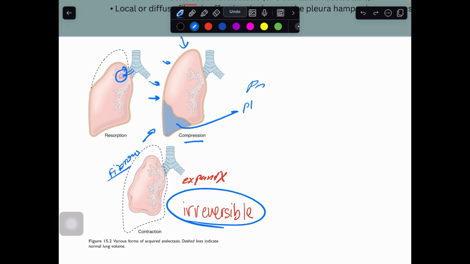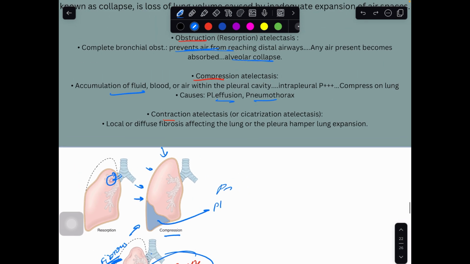Here we can treat the obstructive reason, for example, if it was a foreign object or tumor, whatever. But here it's always irreversible because the elasticity has been lost, and it's been replaced by fibrous tissue, which is going to prevent the expansion, and therefore it will start to collapse because of less air. Okay, understood? So this is atelectasis, the collapse.